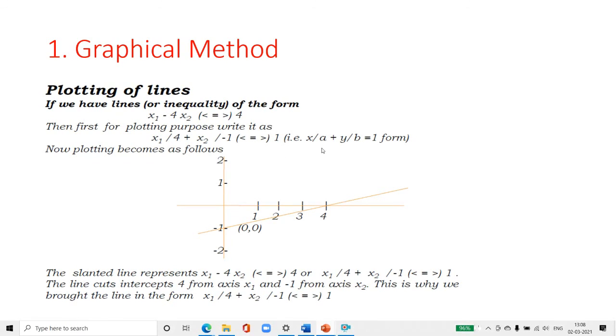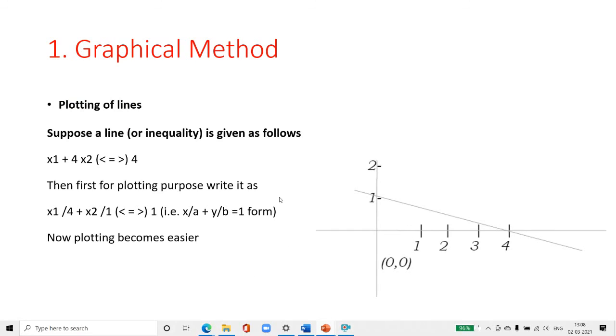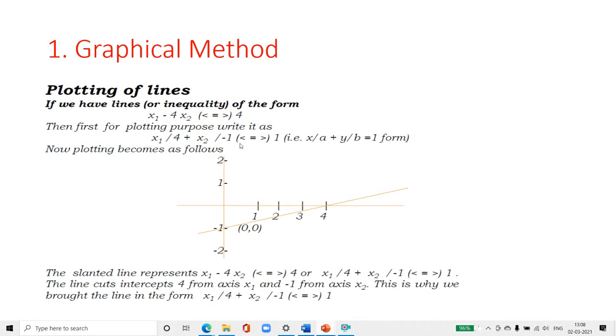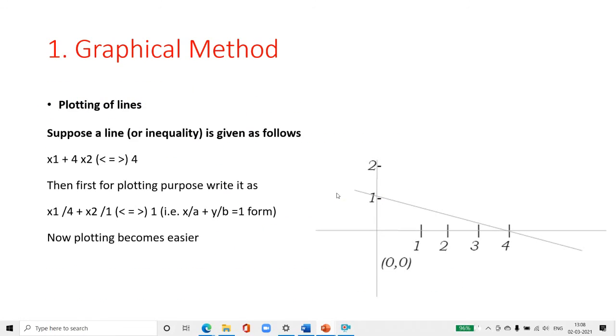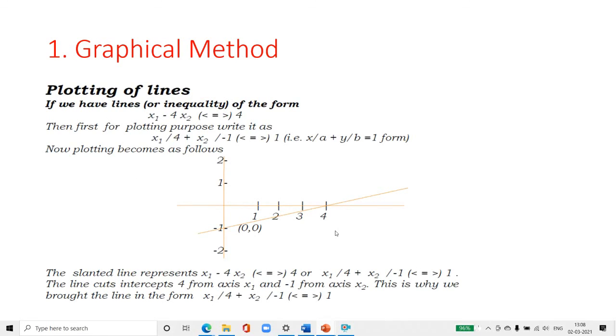Here we get x divided by a plus y divided by b equal to 1, but with a value of minus 1 because of the minus sign. The left-hand side values are in positive form and the right-hand side is 1 here, a positive value, but here we get the negative part. So this is the graph.